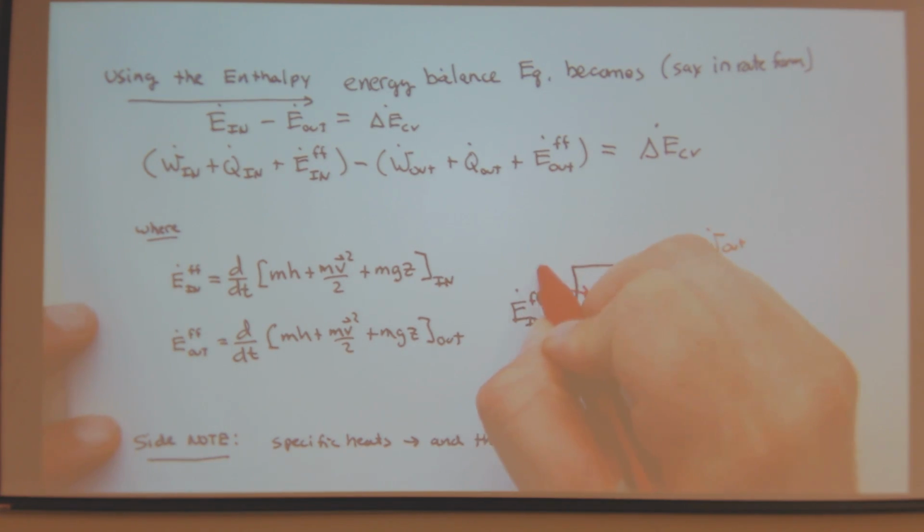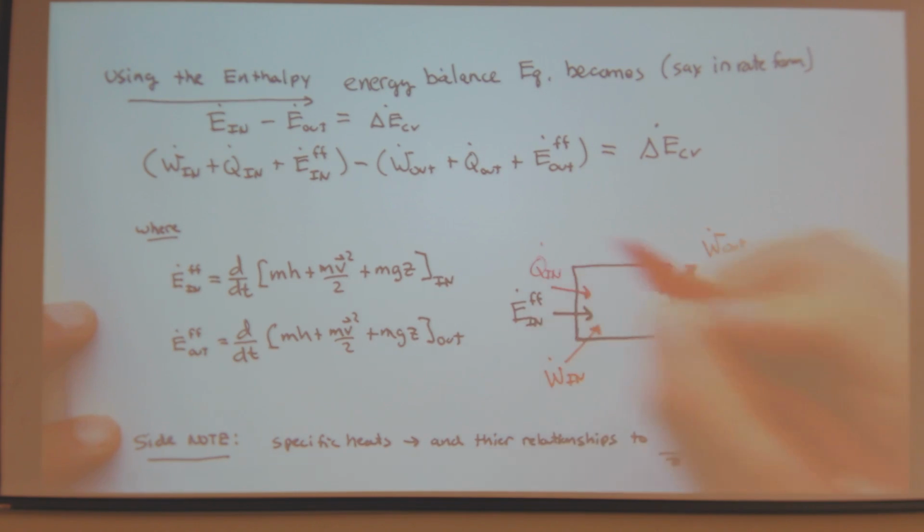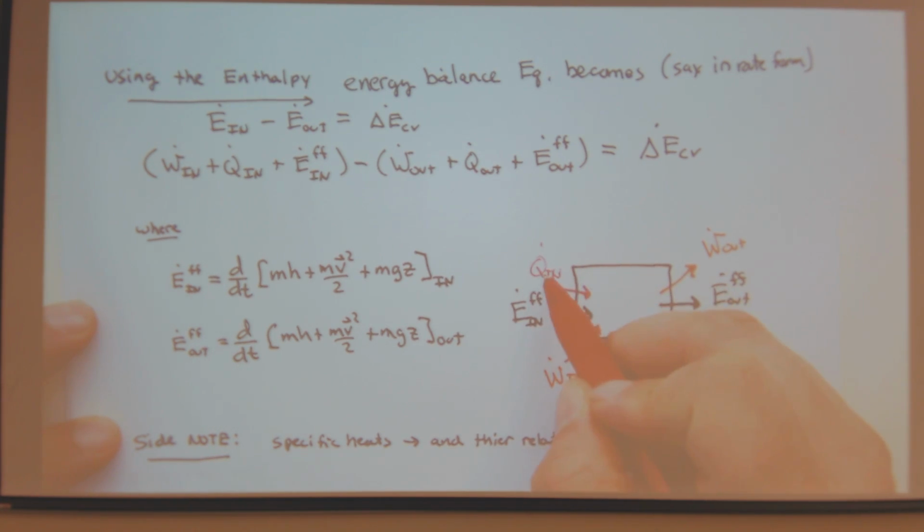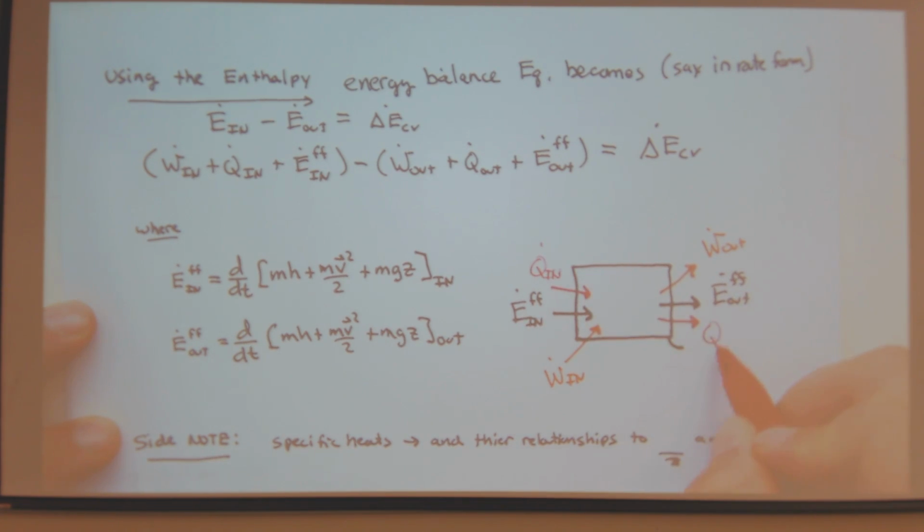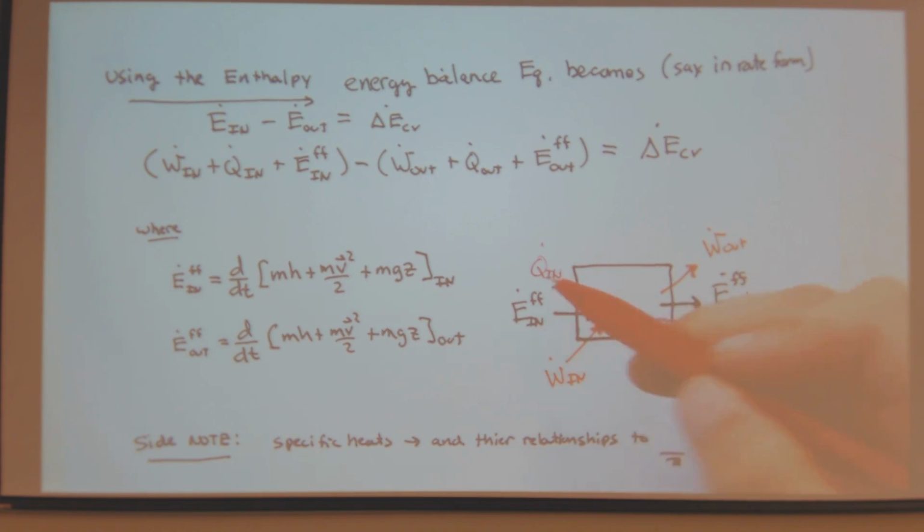And likewise, I have the rate of heat input, a heat flux, or if it's small q, it's a heat flux. But anyway, I have the rate of heat input, q dot, and the rate of heat output. Without the dot, it's just the total heat input.